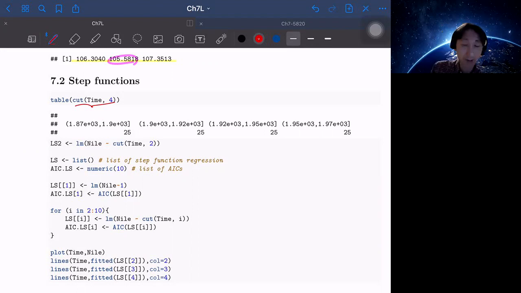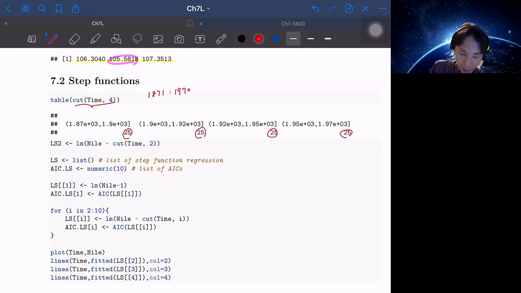So the time includes 100 time points. In this case, just an equal interval sequence from 1871 to 1970. We cut this into 4 pieces of 25 observations. In this case, all intervals have the same length, but in general it depends, because in some areas we have more observations.